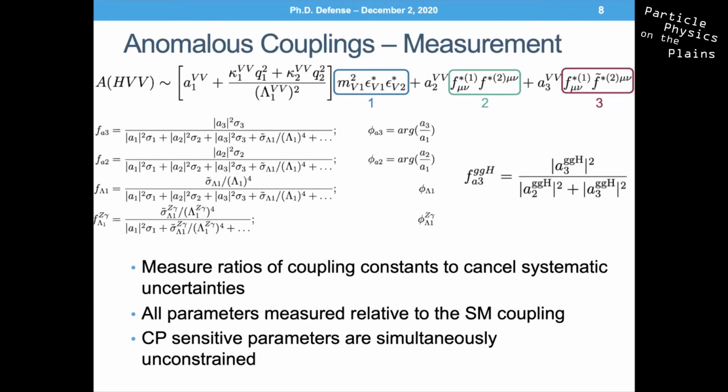And on the right, this is the 1 ratio we measure for the HGG vertex. And since any CP violation present in one of the vertices will affect the measurement in the other vertex, we keep them simultaneously unconstrained in the fit later on. So we just let them both float.